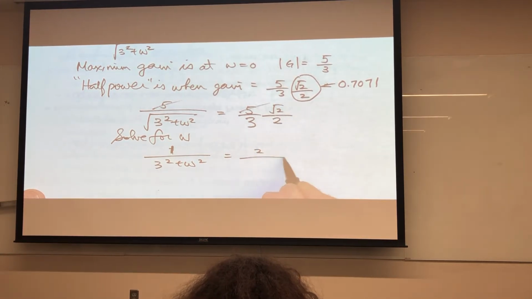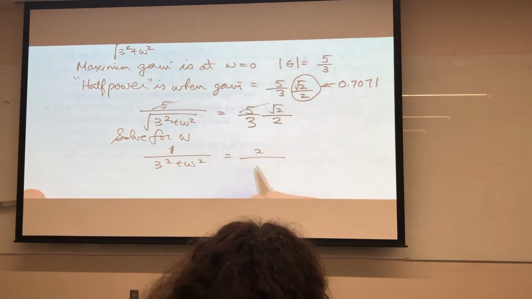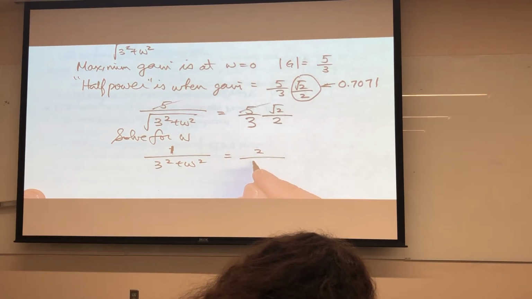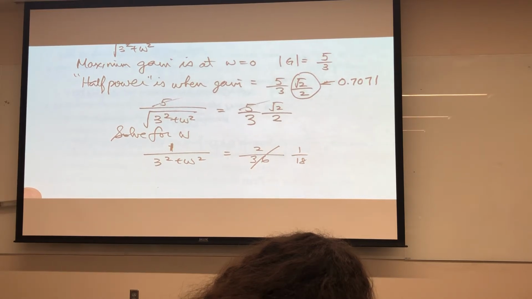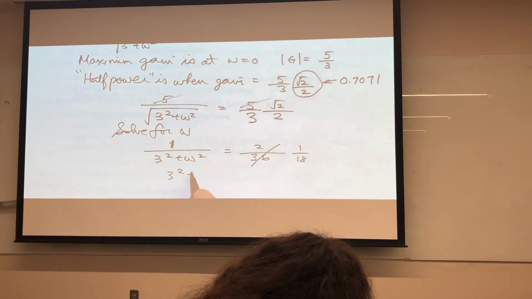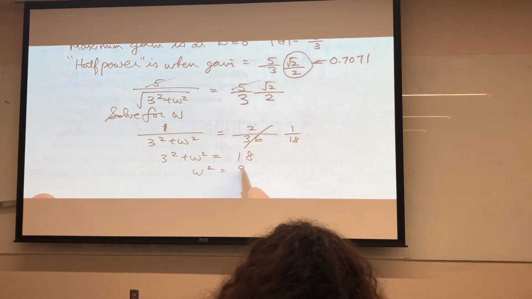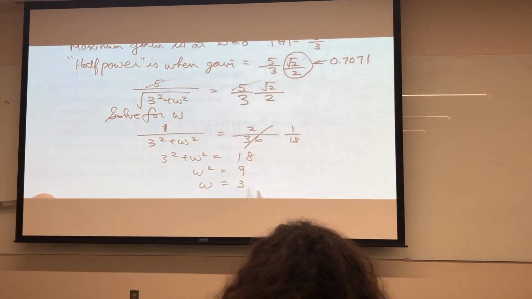I get 2 over, what goes in the denominator? 36? This is 1 over 18. Okay. 3 squared plus omega squared is equal to 18. Omega squared is equal to 9. Omega equal to 3.